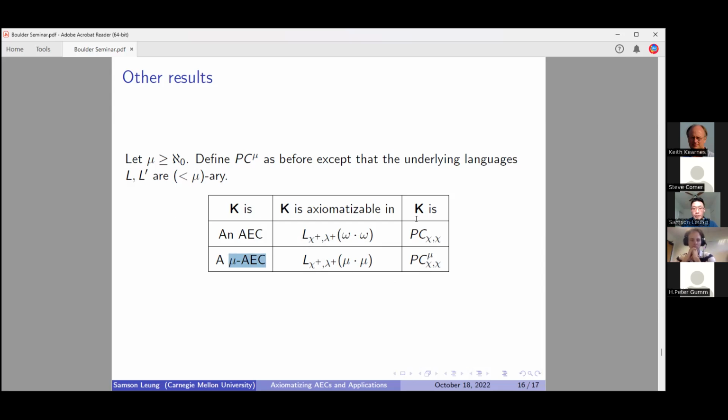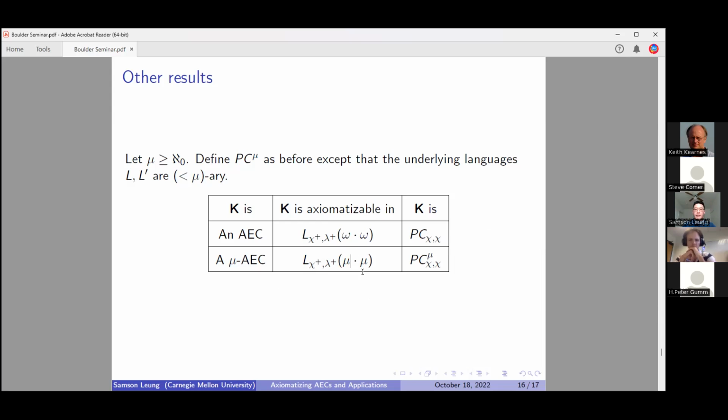So I can say that in terms of mu AECs, K is a PC chi with a superscript mu. Here it is to indicate that the languages are infinitary, so less than mu. And when I do the axiomatization, I can replace the number of steps by mu times mu.